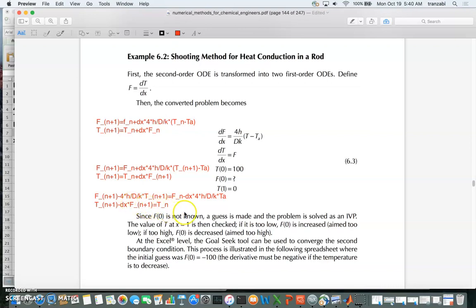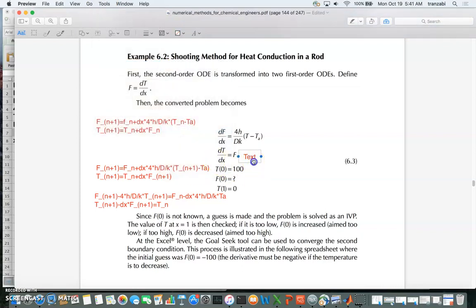What we can do is multiply the first equation by dx, and then add it to the second equation. And if you do that, then dx fn plus 1 cancels out with this. So at the end of the day, what we get is the following.